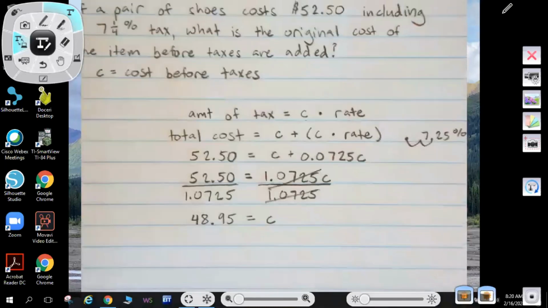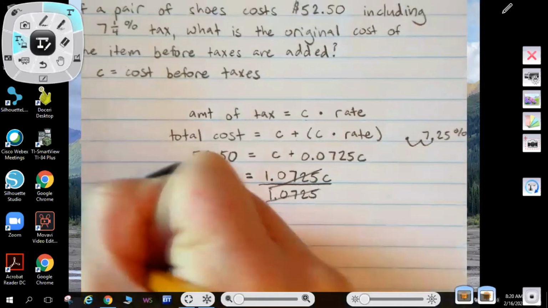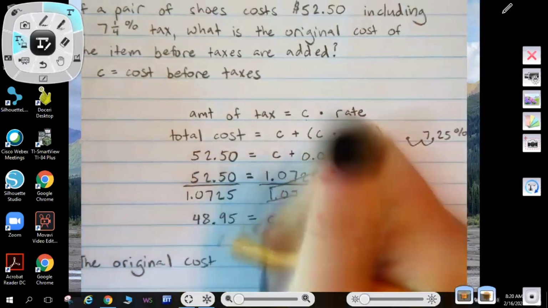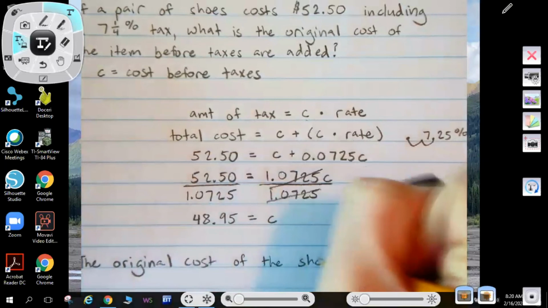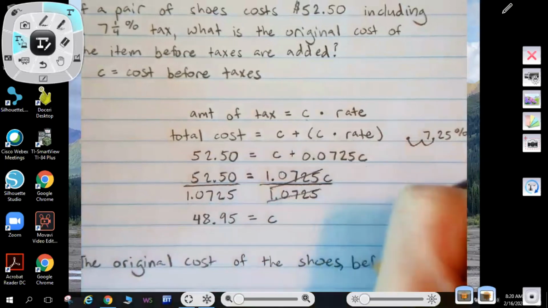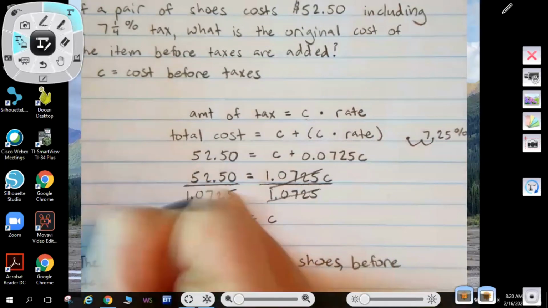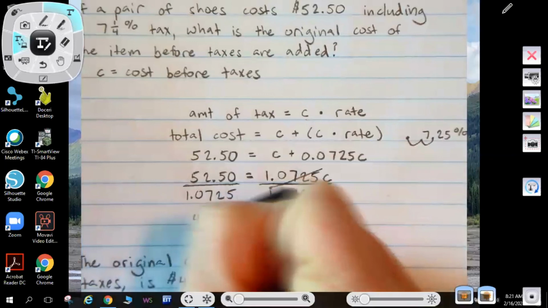So our answer then is the original cost of the shoes before taxes is $48.95.